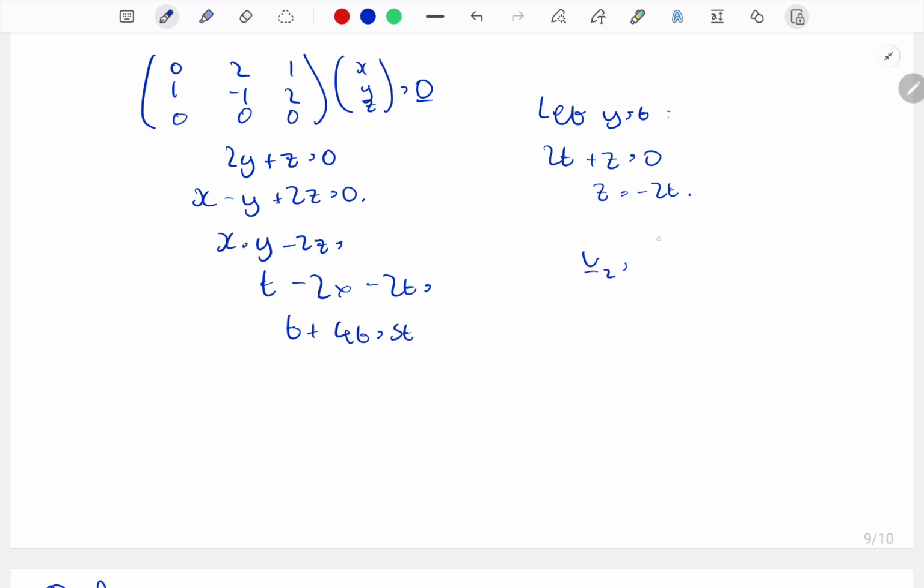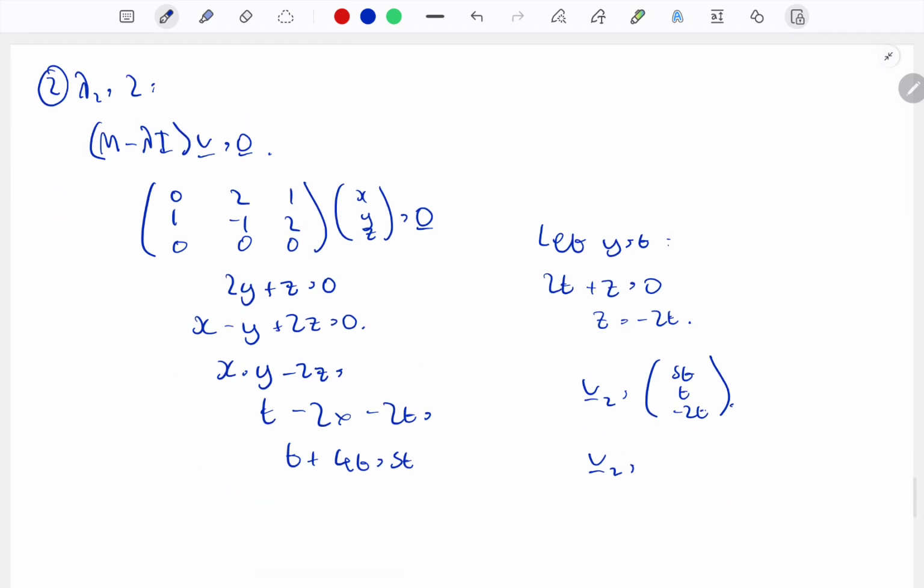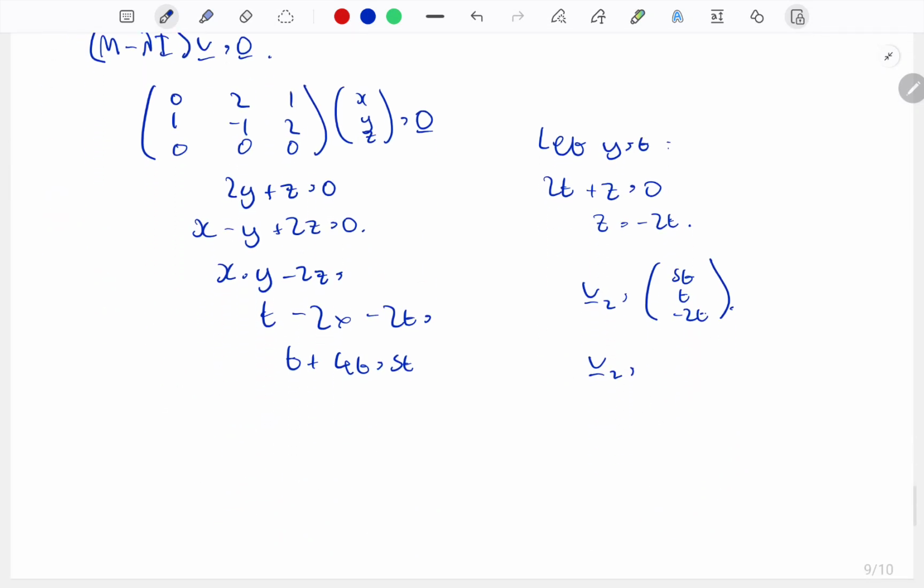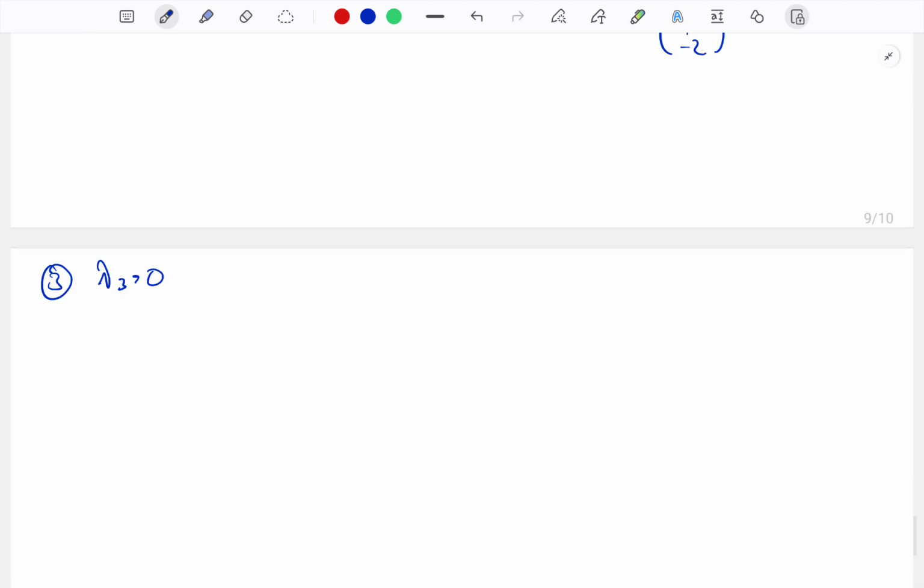So v2 is parallel to (5t, t, minus 2t). So v2, the eigenvector corresponding to the eigenvalue 2, is (5, 1, minus 2).